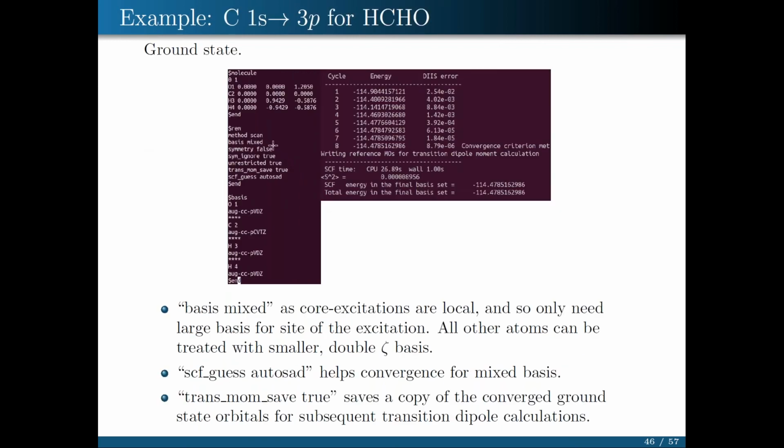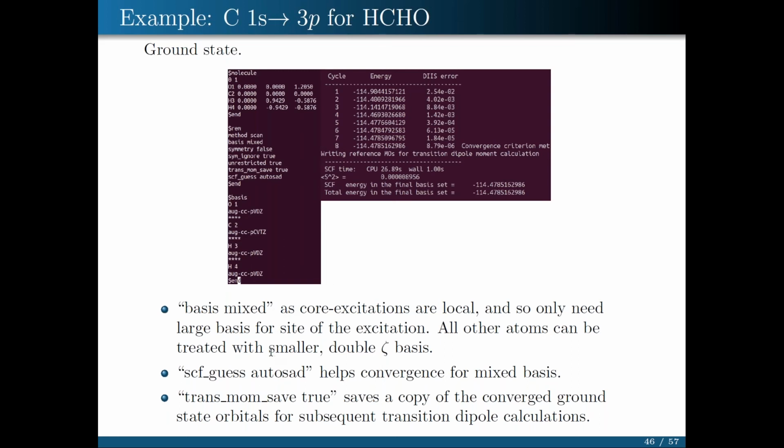We can use a mixed basis set for such problems because the core excitation is local, and therefore we only need to provide a high quality basis for the atom of interest, namely carbon here, where we have provided a triple zeta, and we can go cheap and just use a plain simple double zeta basis for other atoms.